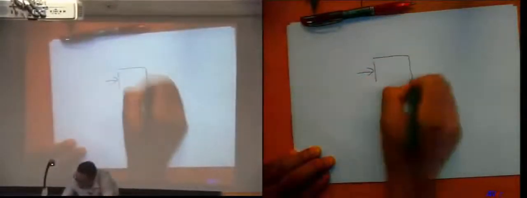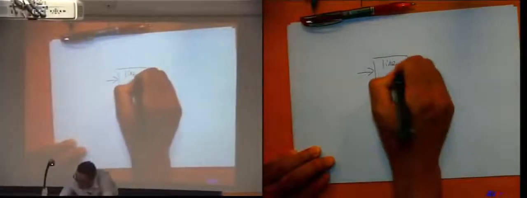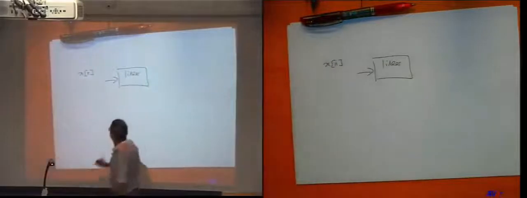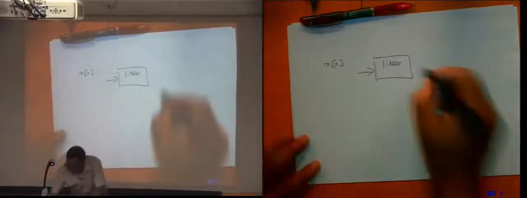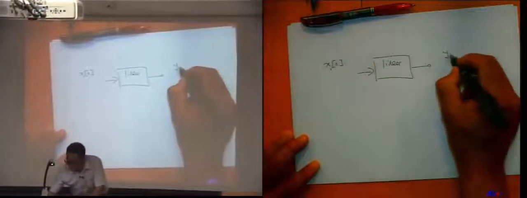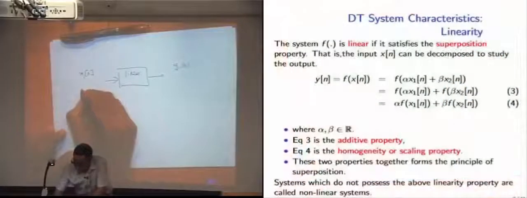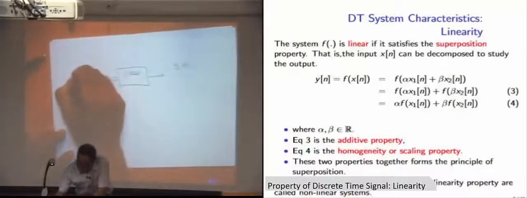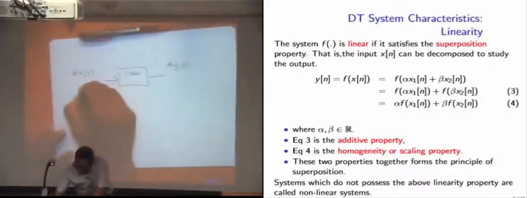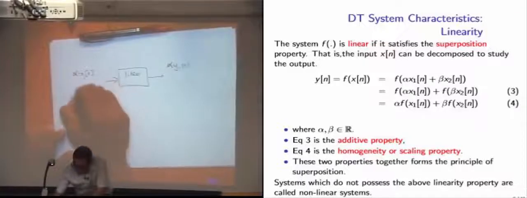Let's try to remember what linear means, guys. So I have x of n. What does linear mean? If I have x1 of n, I get y1 of n. And now if I multiply x1 of n by alpha, then I also get alpha times y1 of n. Now I have x2 of n, with beta.